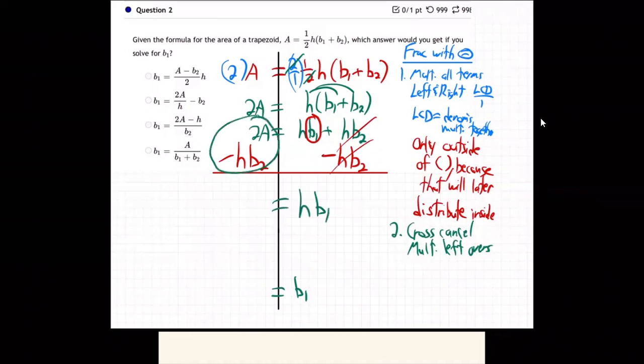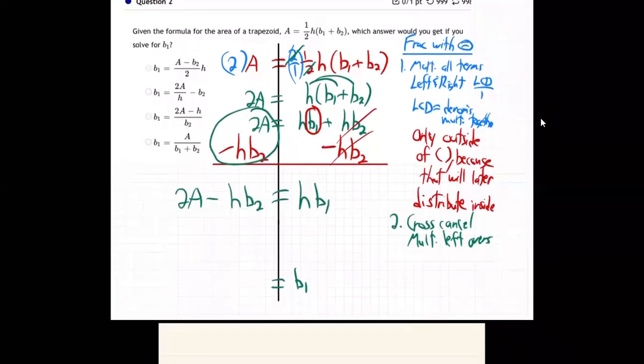Well, it's these two guys together, and they just go next to each other. They can't combine in any way, shape, or form because they're just different letters. So they just all go next to each other. Nothing more we can actually do on that one. We good?